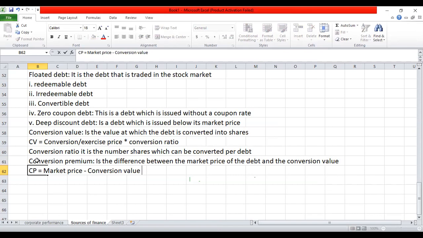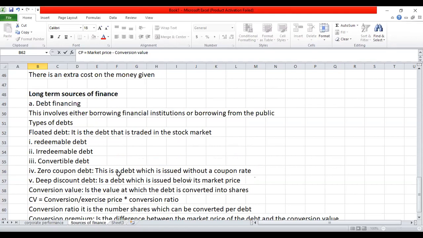It means that your market price is above the conversion value. But if the conversion premium is negative, then you should convert. It indicates that the conversion value is above the market price. So that is what we can talk about here.